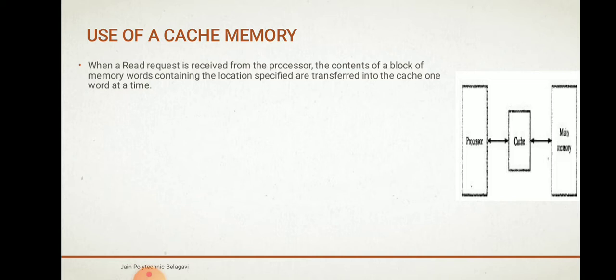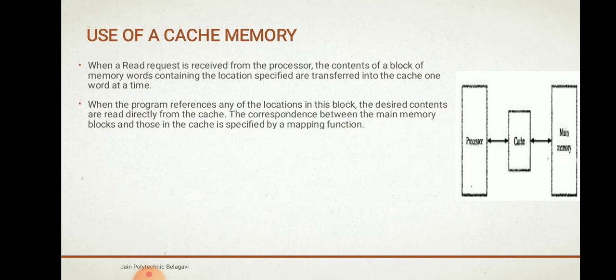When main memory receives a read request, the contents of a block of memory words containing the location are transferred into the cache one at a time. So whatever the blocks, whatever the data present in the main memory will be stored, as well as the location will be transferred into the cache. That is, whatever data is requested from the main memory, that data or block will be stored in the cache.